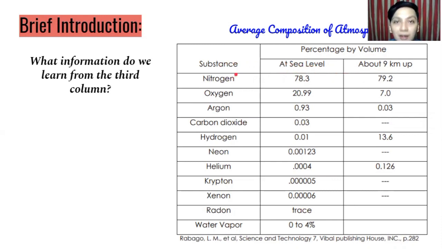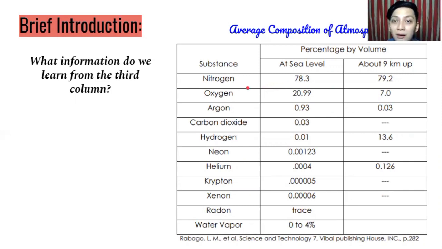Let's look at the substances. We have nitrogen, oxygen, argon, carbon dioxide, hydrogen, neon, helium, krypton, xenon, radon, and water vapor. Those are the substances that can be found in the atmosphere, and at sea level, they vary in percentage by volume.